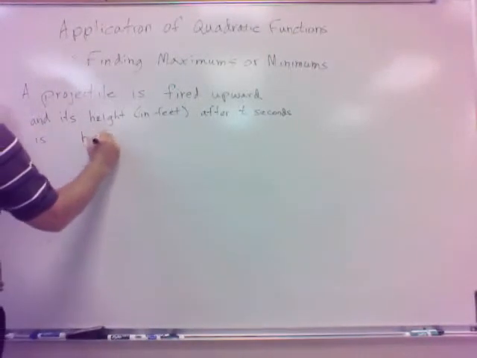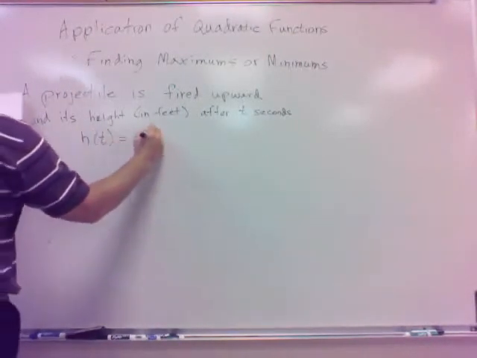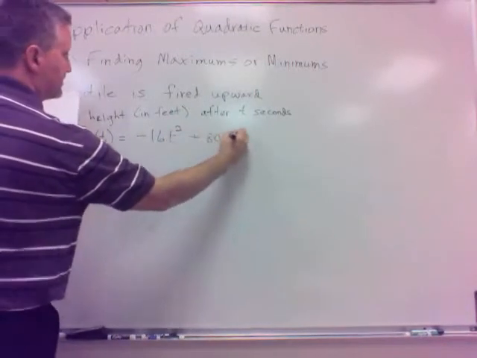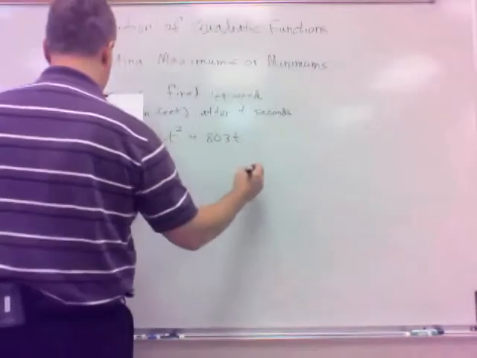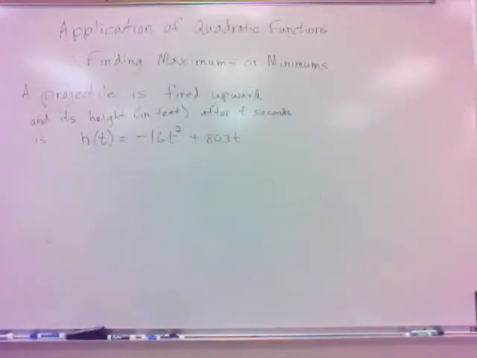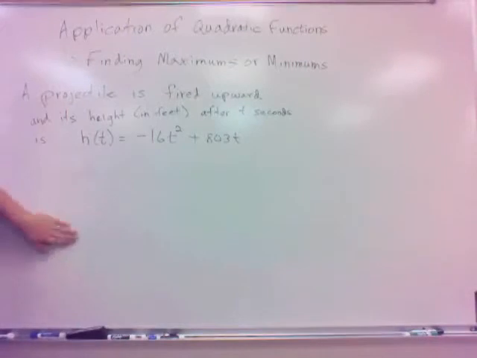H of t equals negative 16t squared plus 803t. That's it. Okay, 803t. All right, so just a little bit about the function here.